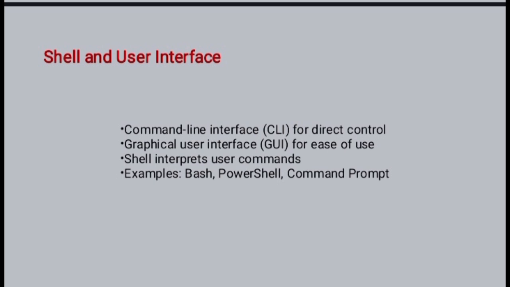Users interact using visual elements like windows, icons, and menus. This is generally considered easier to use, especially for beginners. The shell is the program that interprets the commands entered by the user in the CLI. Examples of shells include Bash, PowerShell in Windows, and the command prompt.